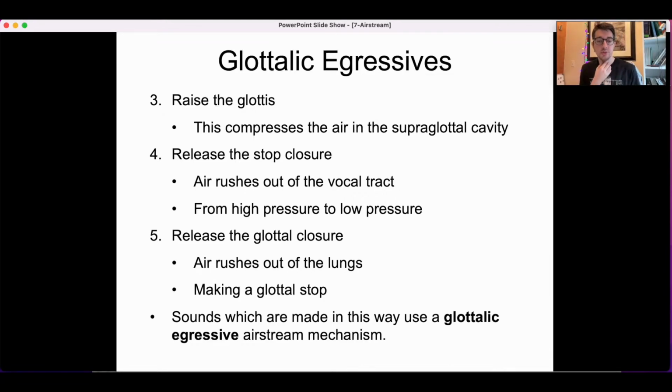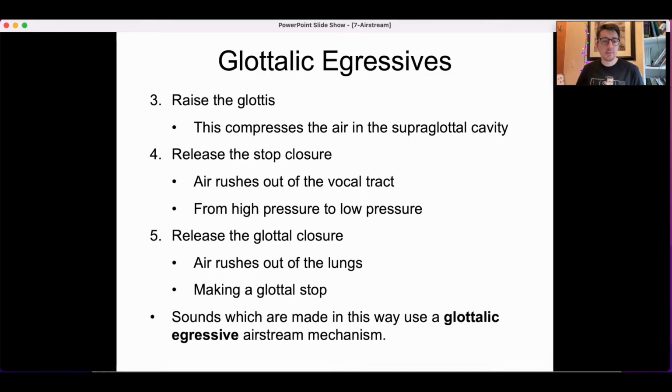So make sure to place your fingers. You may also try making a glottal stop in a low note, and then try to do it in a high note, which will sound ridiculous, but you can do that. So you're raising the glottis, and that's the most difficult part. You have to practice in order to be able to do it consciously, right?